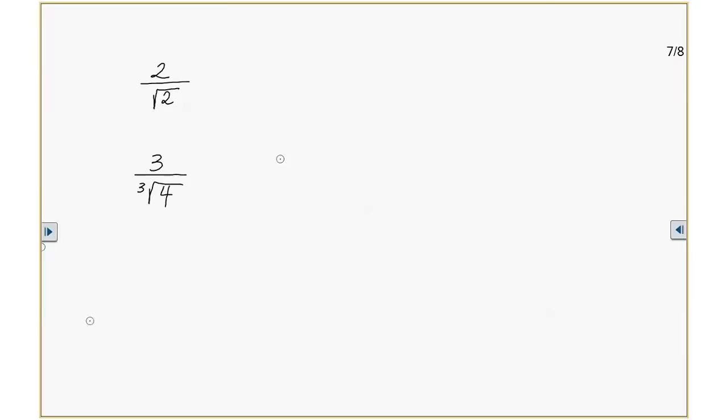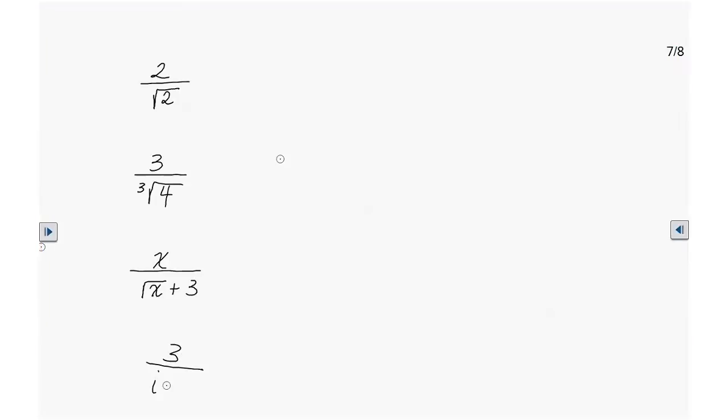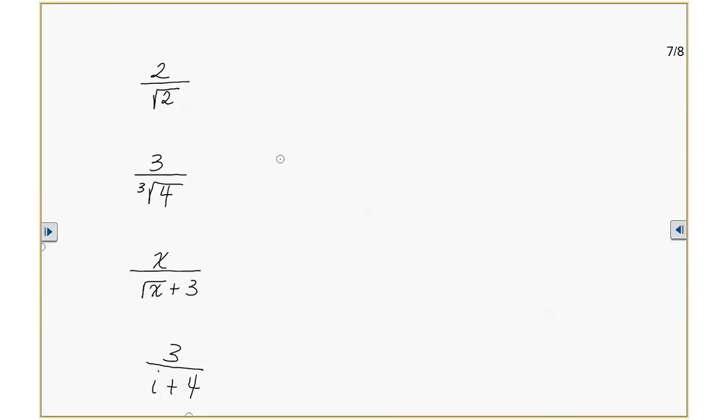And then let's do x over the square root of x plus 3. And then we'll do 3 over i plus 4. Okay, all of these have what in the denominator? A radical. All of them have a radical or a square root symbol in the denominator.